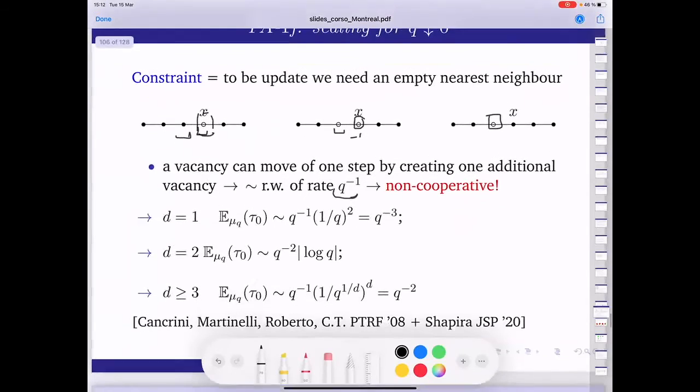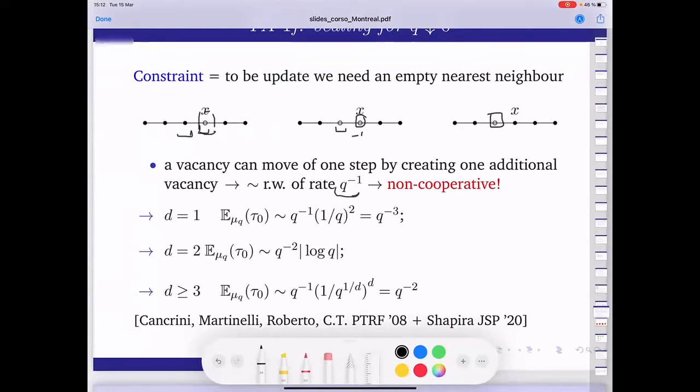At least in one dimension, this doesn't come as a surprise. If I want to compare, in one dimension typically empty sites will be at distance 1 over q. So I'm sitting here at the origin, and I have to overcome this distance, which separates me from the first empty site. I have to reach it with a random walk, which can move to the right and to the left.